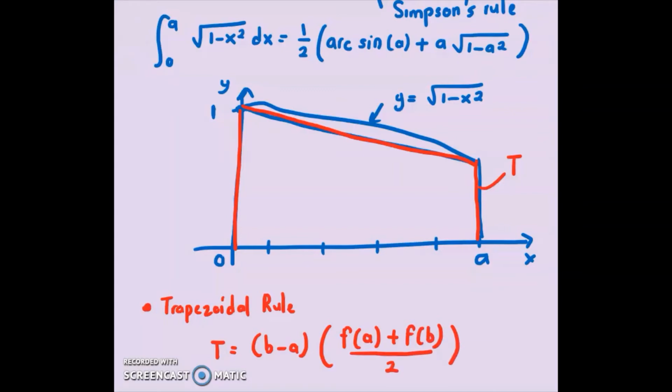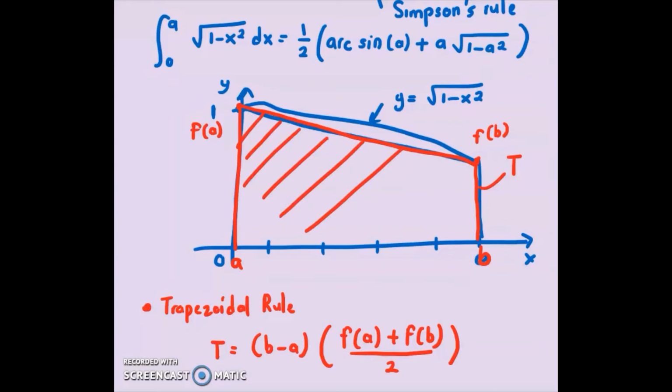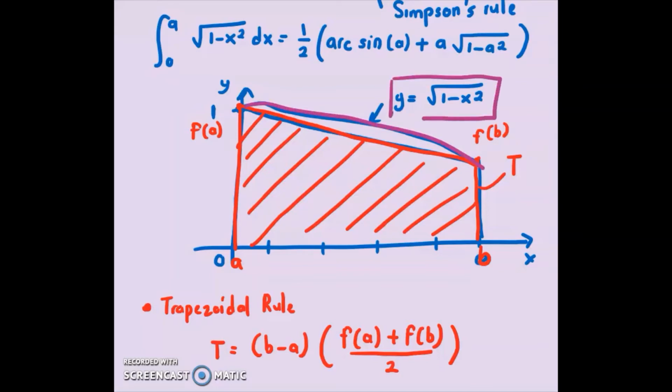I need two points, so this is my a, this is my b. I need to find f(b) and f(a), and then use this formula. You will get the area under this curve, where I'm assuming y equals the square root of 1 minus x squared.